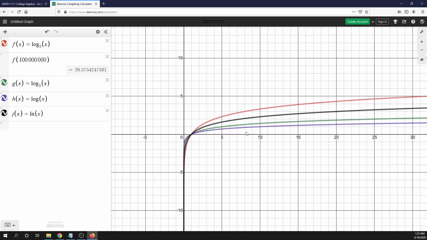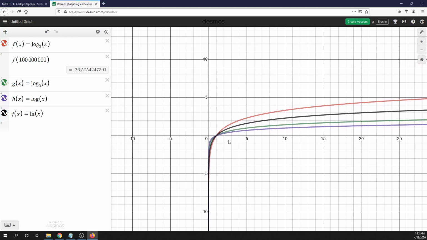They're just a little lower or higher depending on where you are. But they all have that same basic shape, and they all go through this point right on the x-axis, and that's (1, 0). So that's the only x-intercept of a logarithmic function.